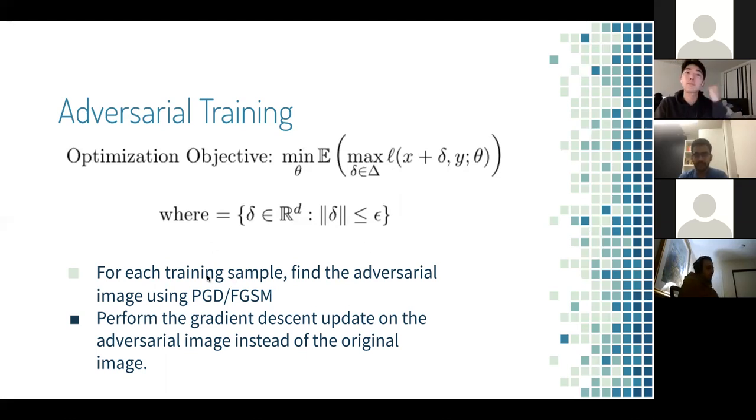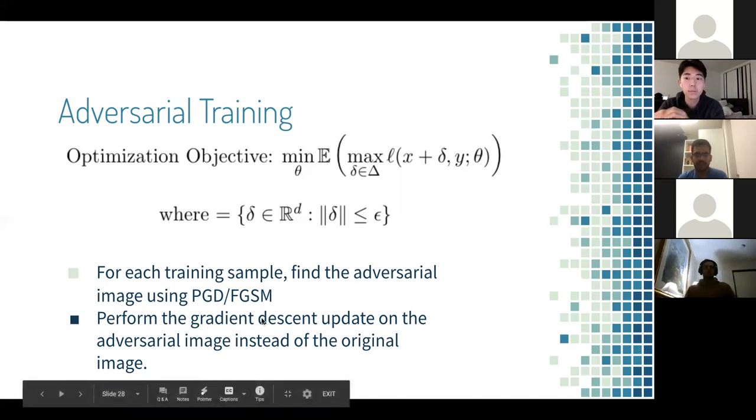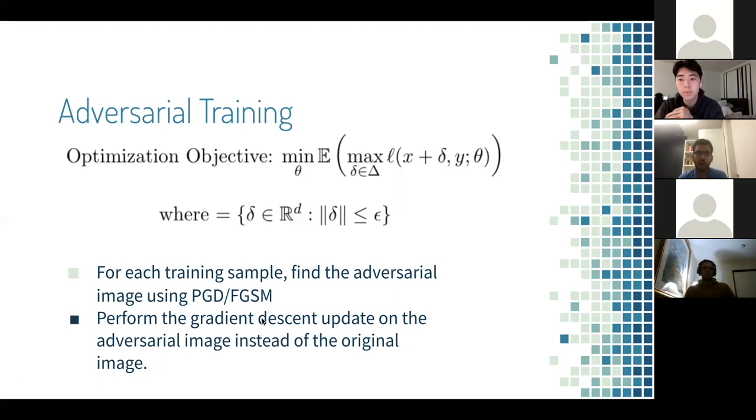So the idea of adversarial training is pretty intuitive. Normally you would compute, let's say you're doing something like stochastic gradient descent. You perform a gradient descent update for every training example and change the weights. Now, instead of using the training example, what you do is you do PGD, like projected gradient descent, or fast gradient sign method on that training example, find a bad image, and instead train on that bad image.